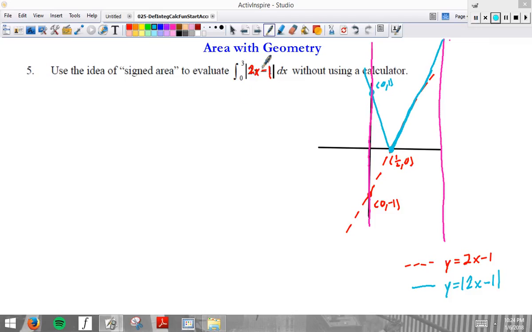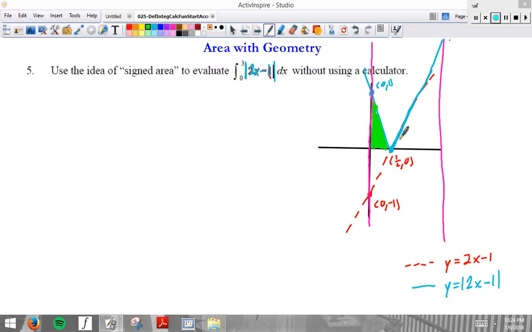Between the x-axis and this function. So if I want the area between the x-axis and that function, I'm going to start at the function and go straight to the x-axis. You draw a few lines, get a feel for it, and then you can go ahead and make the solid shape.